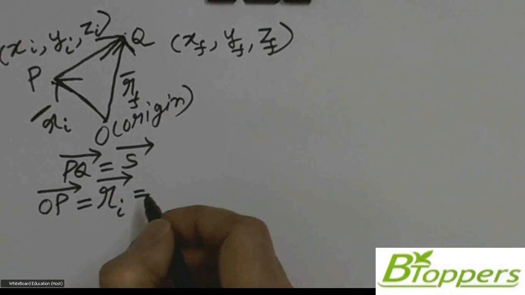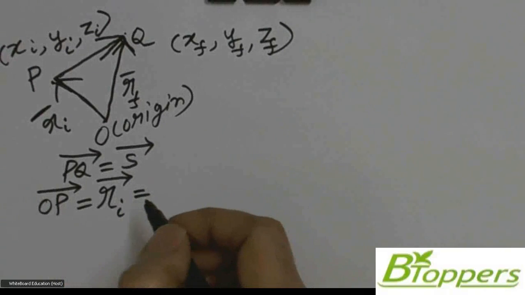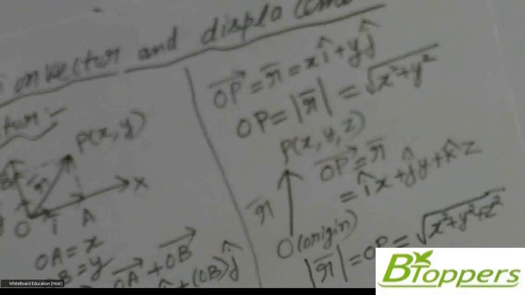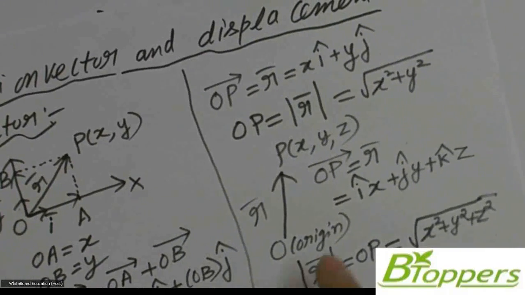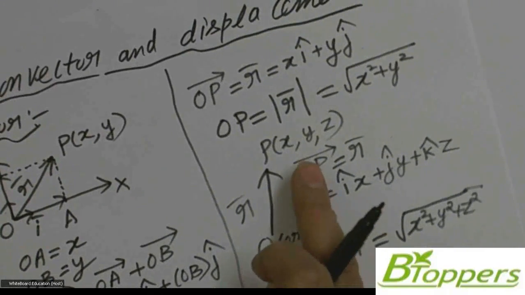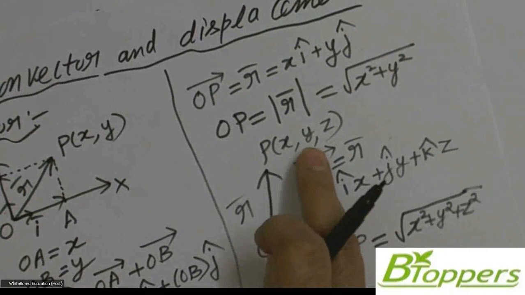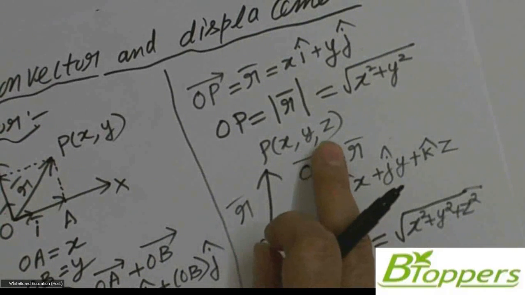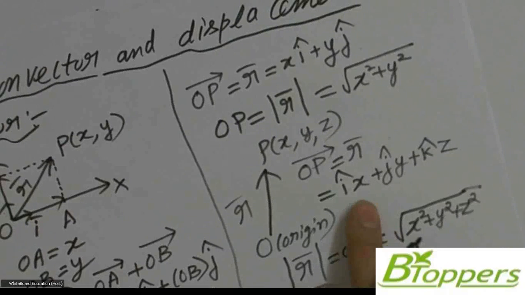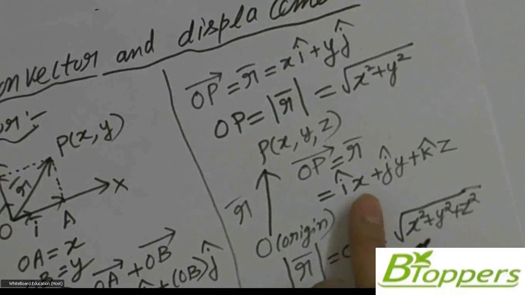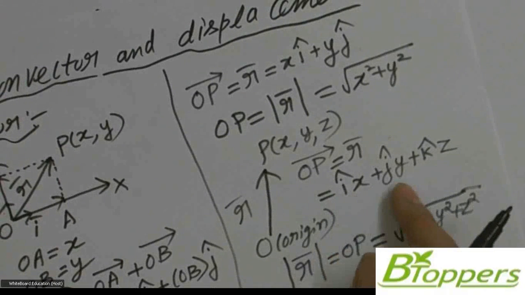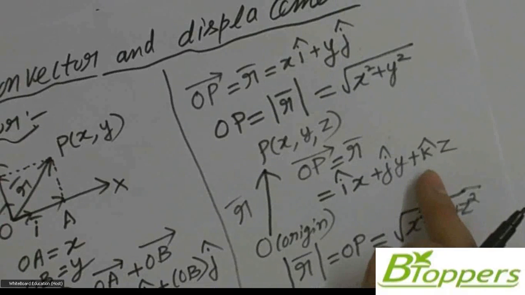As I just discussed before, in general, the position vector of a point with Cartesian coordinates x, y, z is given by r bar equal to i cap into x plus j cap into y plus k cap into z.